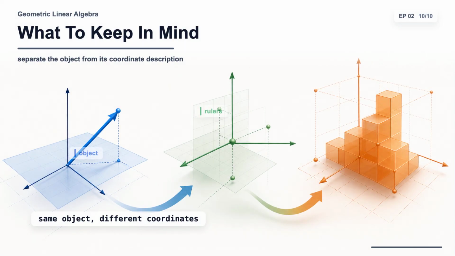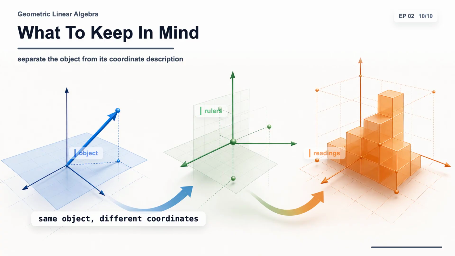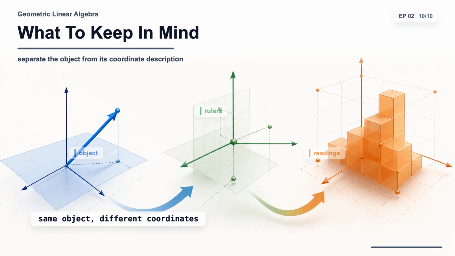Here is the core picture to keep. A vector is a geometric object, a direction and length, often interpreted as a displacement. A linear combination builds new vectors by scaling and adding available directions. The span is the full reachable set produced by those combinations.